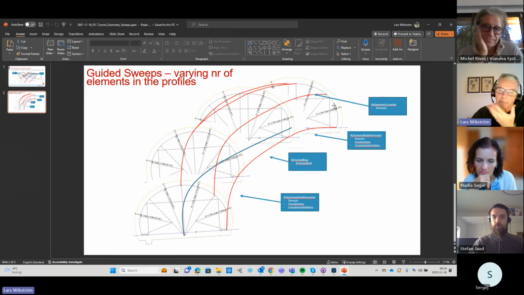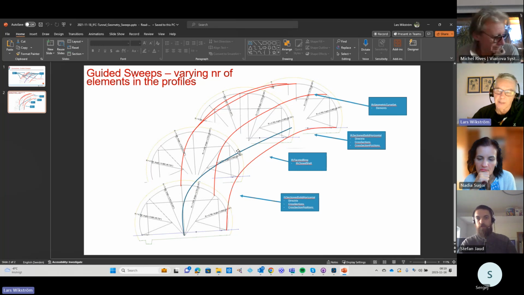And then we also discussed the case where you have profiles along the body where you have actually a varying number of vertices in the profiles. In that case, we said that in the transitions you would need something like a faceted B-rep to represent the body, where you have this maybe branching out of guiding curves.